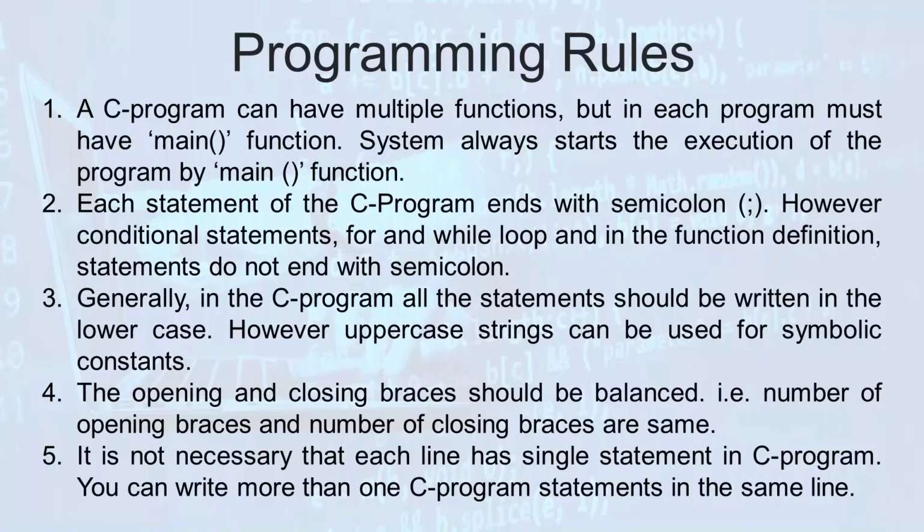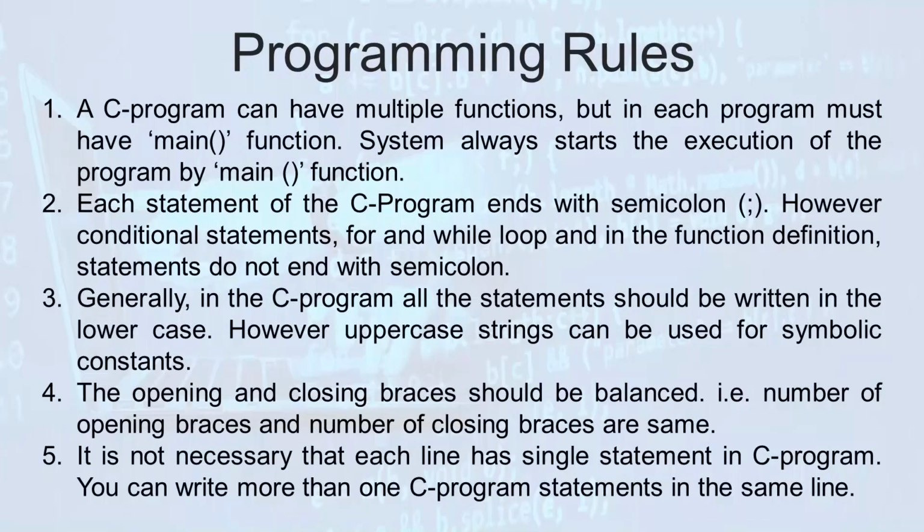So, when you write an unnecessary semicolon, it changes the meaning of the function declaration, for loop, while loop or conditional statement, right? So, you have to be careful while using semicolons.